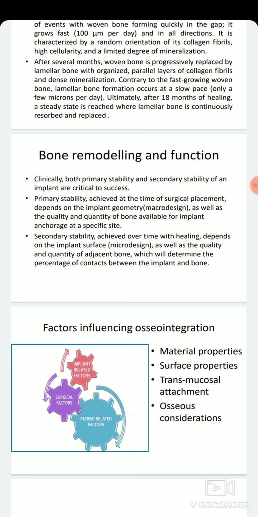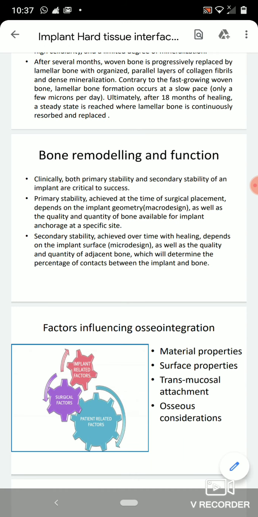So the type of implant is an important criterion for establishing primary stability.